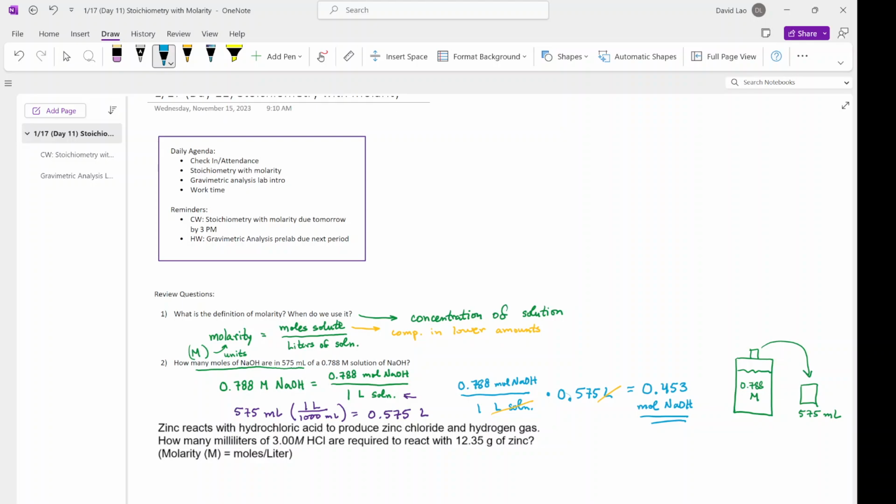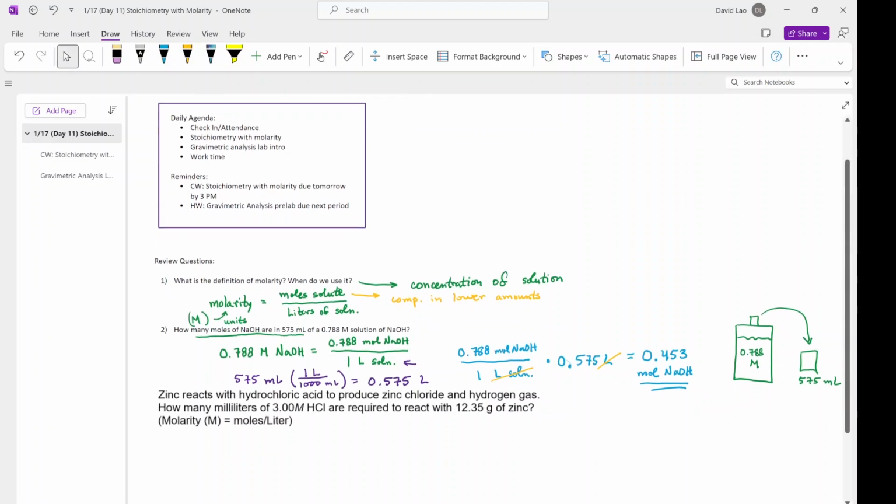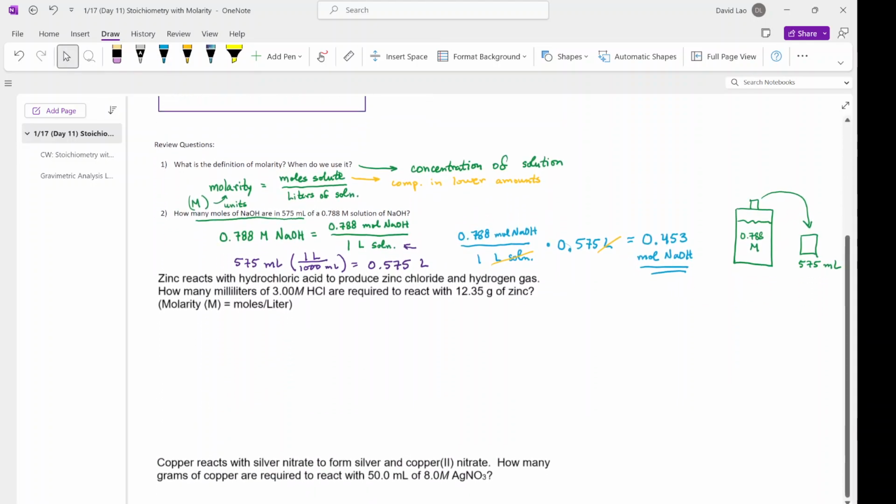Now, we've done a bunch of problems with stoichiometry where we're working with moles, and it should be no surprise that if you're going to work with solutions and stoichiometry, the first step is probably to convert to moles, or maybe convert to moles later using the concentration. So let's look at some example problems really quick.